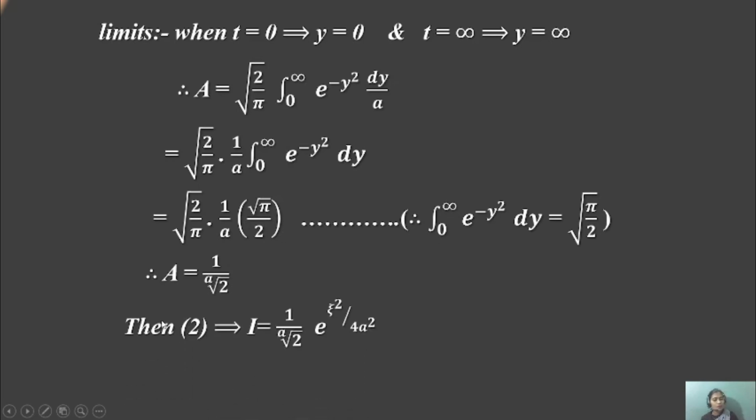Then put the value of a in this equation: I equals 1/a square root of 2 times e to the power -ξ²/(4a²).